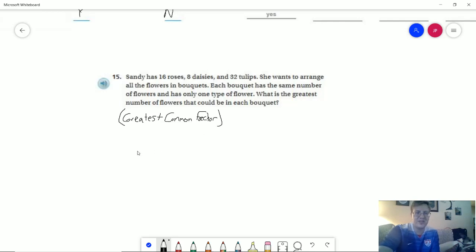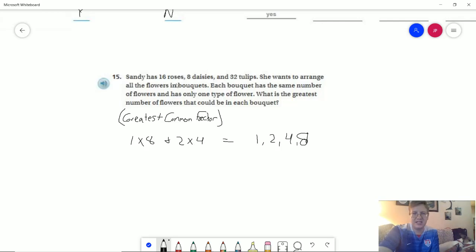So our factor pairs for 8 would be 1 and 8, and 2 times 4. And so the way that we would write that out, if we were making our list, we would write out 1, 2, 4, and 8.